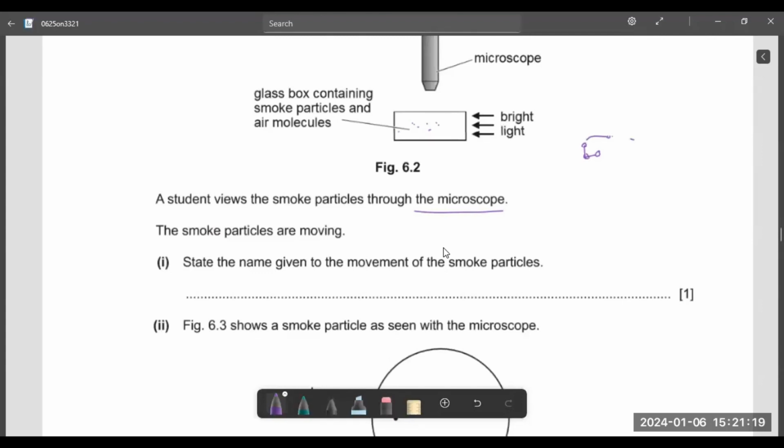Continuous collision of gas molecules with the particles causes them to move in a zigzag manner, an unpredictable manner. So the answer to the question is Brownian motion, or random motion.